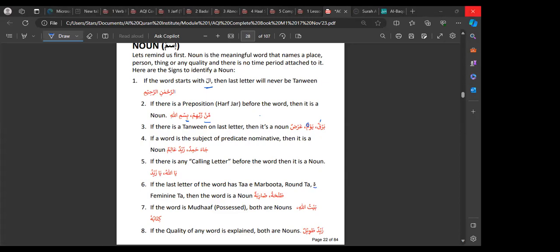Again, going back to what we've been talking about from the beginning, the categories the words, kalimat, go into. These are the signs that tell us it's a noun. And you'll see examples, inshallah. So maybe after we've done some lessons, if you're not sure about this, you can come back and refer to this as Ustad Hamza says. But you'll see examples coming up, inshallah.